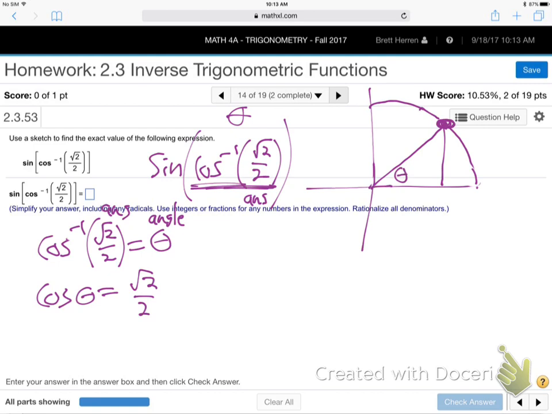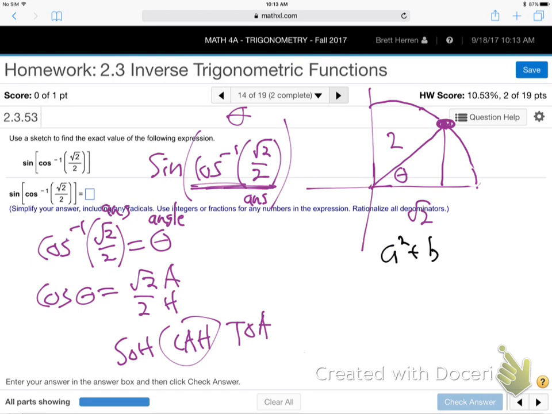So make up a triangle. You always put theta right next to the x-axis, reference angle. Cosine of theta. Now what's cosine? SOHCAHTOA. Cosine's adjacent over hypotenuse. So it's root 2 over 2. Adjacent over hypotenuse. Is that good? Then you could do the little Pythagorean thing.